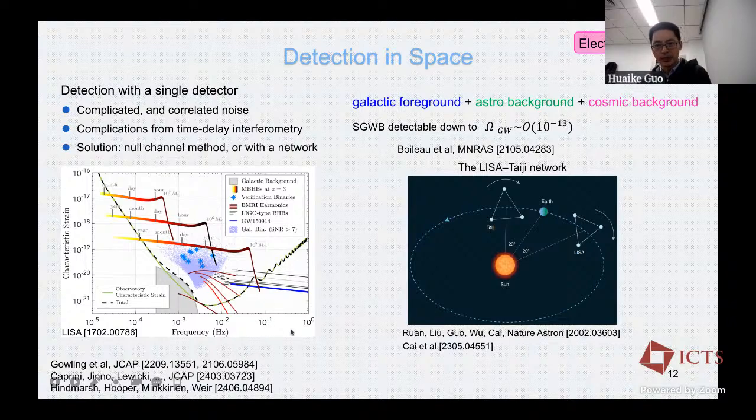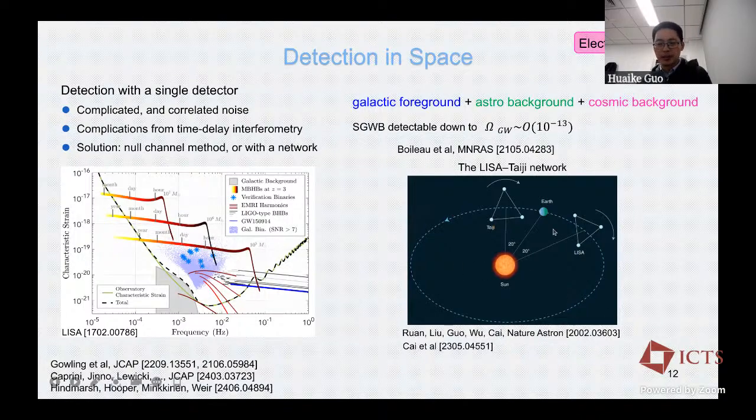Another possibility is that we can consider a network like the LISA and Taiji network. In this way, we can use the standard cross-correlation method. This might be the ideal scenario for the detection of the phase transition gravitational wave in space.